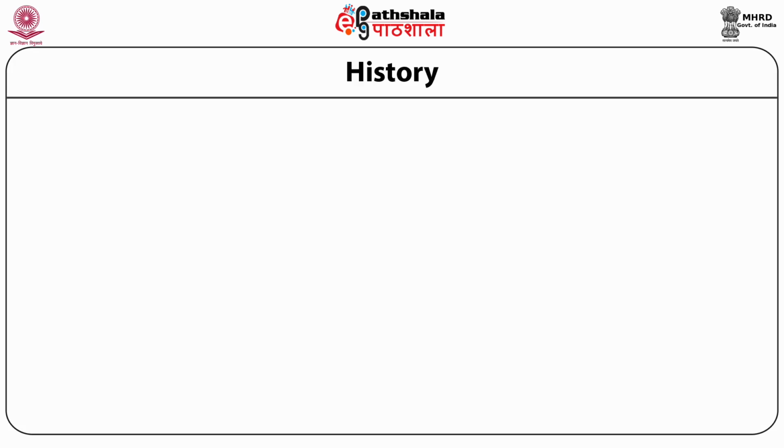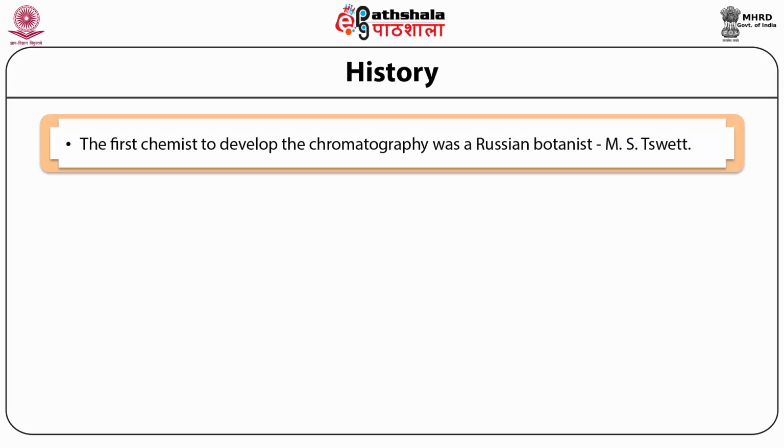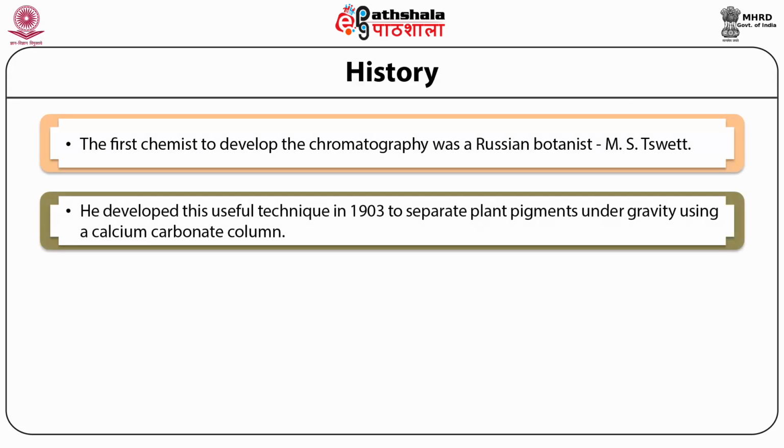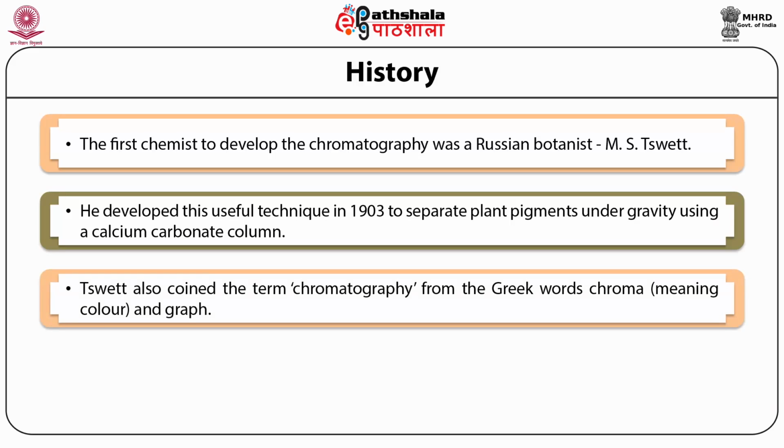History of chromatography. The first chemist to develop chromatography was a Russian botanist, M.S. Tswett. He developed this useful technique in 1903 to separate plant pigments under gravity using a calcium carbonate column. Tswett also coined the term chromatography from the Greek words chroma, meaning color, and graph.